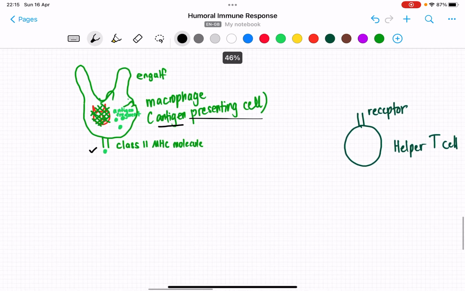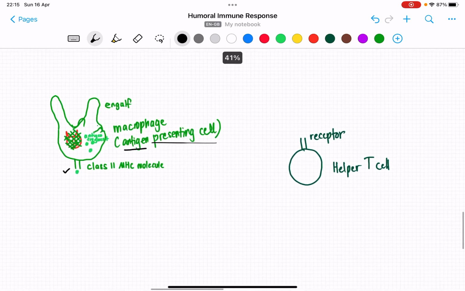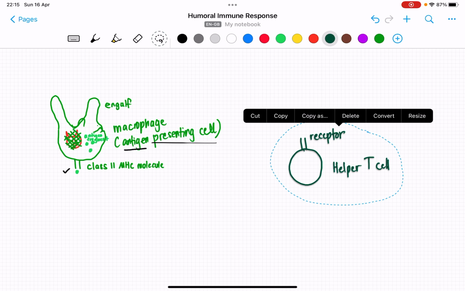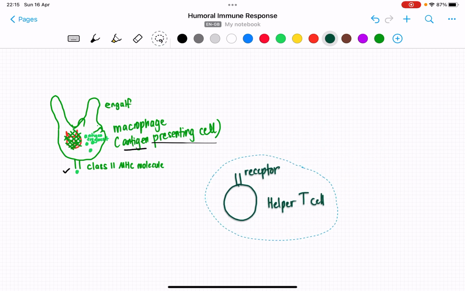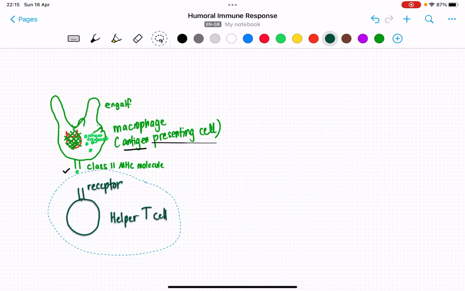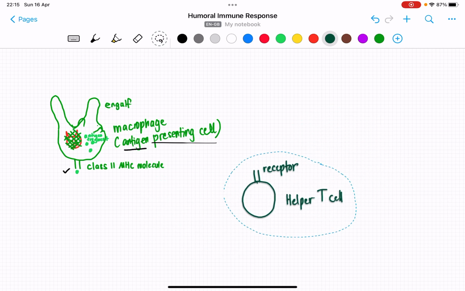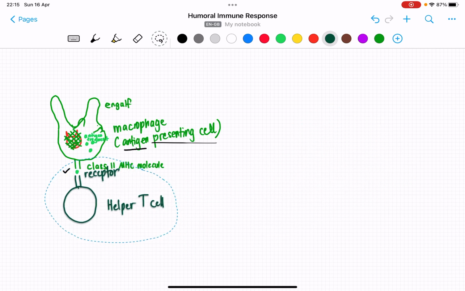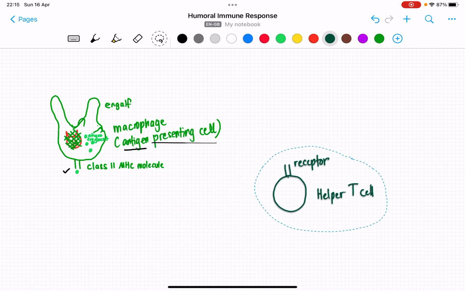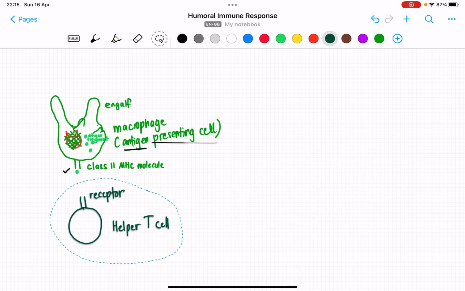Now, the helper T cell, which is the middle cell, is going to help the next step. The helper T cell that has its own receptor will bind to the class 2 MHC molecule.